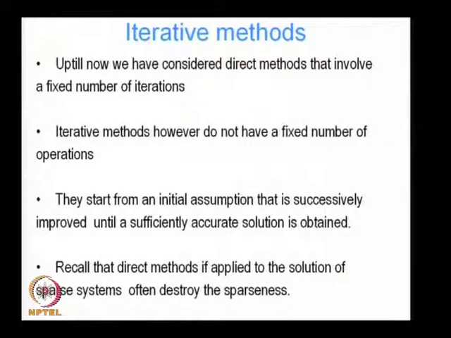Why do we need iterative methods? Because recall that direct methods, if applied to the solution of sparse systems, often destroy the sparseness. We have seen, particularly when pivoting is required, that direct methods are going to destroy the sparseness of the system.